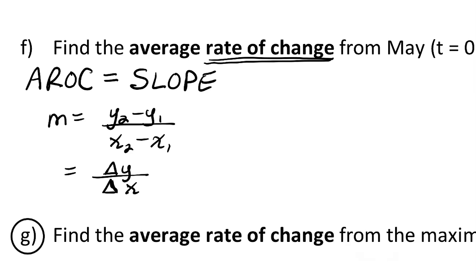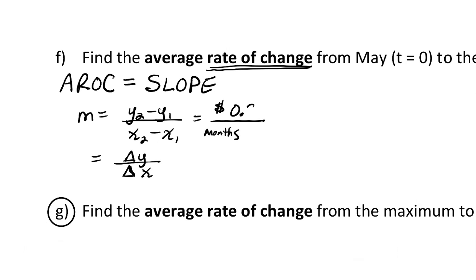In our units, we would have dollars on the y-axis, and we have months on the x-axis. So we would have the value, that 96.4 value, minus 0, there was no initial change when t equals 0.